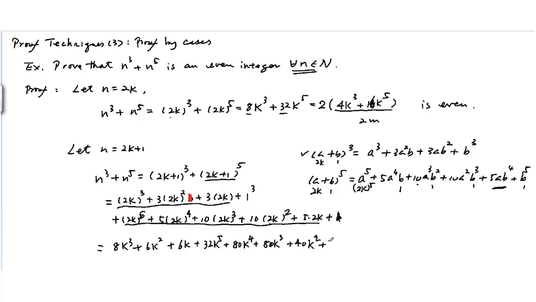And this one is 10k. And now you have 1 and 1 here, so together you have 2.